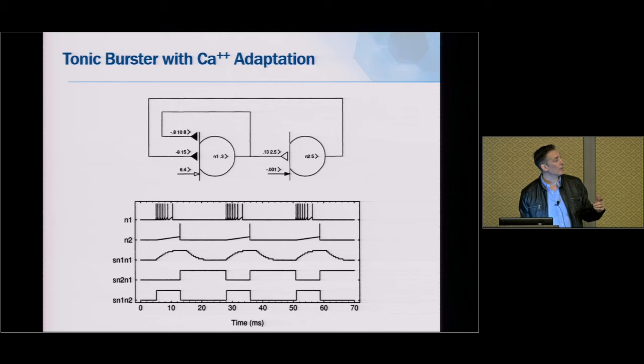Here, in addition to the circuit elements we saw before, tonic input causing the first neuron to fire, every time the neuron fires, now it has an inhibitory self-feedback loop. Every spike causes it now to put another current pulse, an inhibitory current pulse, onto itself.